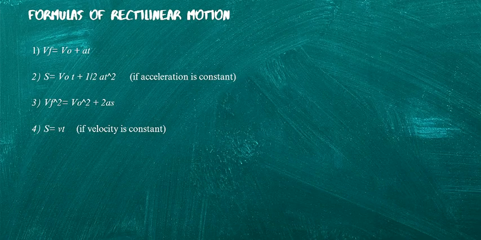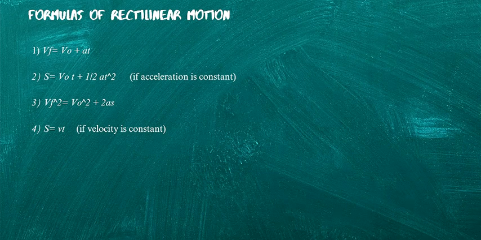So these are the formulas in solving rectilinear motion. First is Vf = Vo + AT. Second, S = VoT + 1/2 AT². Third is Vf² = Vo² + 2AS.